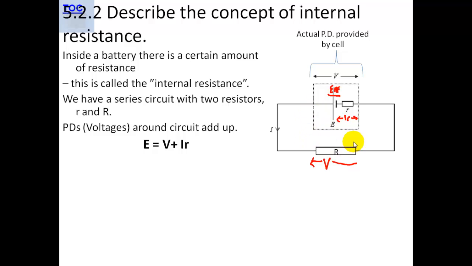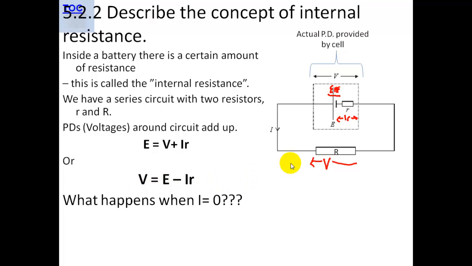So we rearrange this. What we measure by applying a voltmeter across the load is equal to the EMF minus the potential that is lost, the potential difference that is lost inside the battery. When the current is 0, then this term is 0. What we measure is the EMF. So what happens when I is equal to 0?